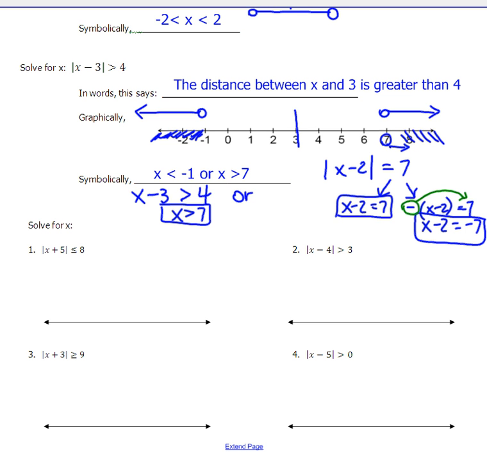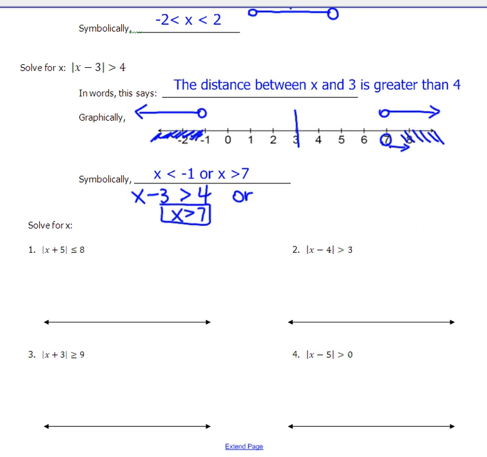But if you think about absolute value in an inequality versus an equals, when you multiply through an inequality by -1, you have to flip the symbol. So this is saying the opposite of x minus 3 is greater than 4.